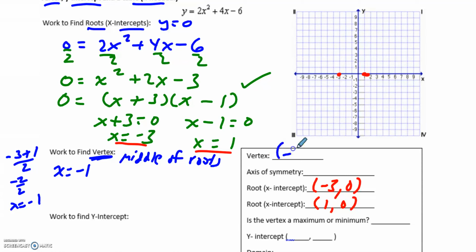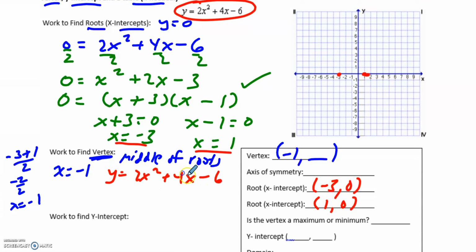So my vertex is going to be -1 comma something, but to find that something, I need to take the -1 and plug it back into the original problem. So I need to plug it into y equals 2x squared plus 4x minus 6.